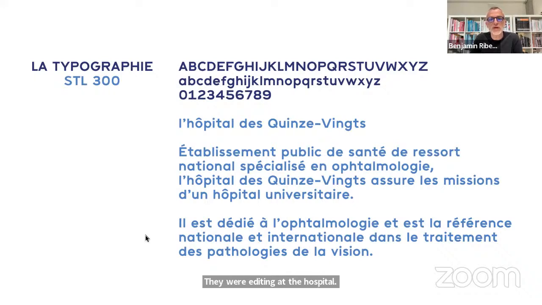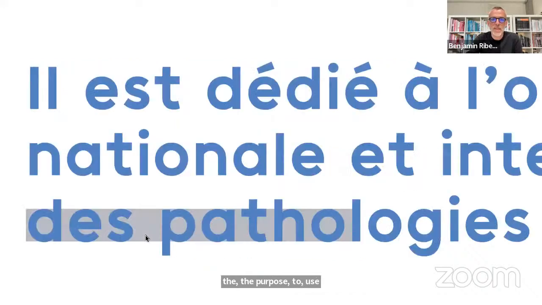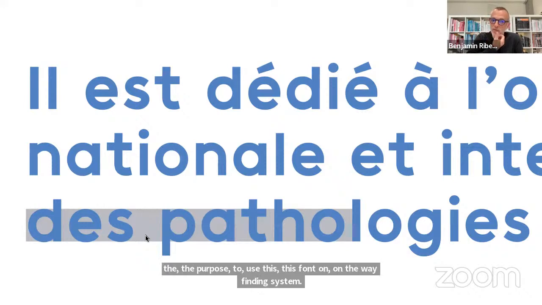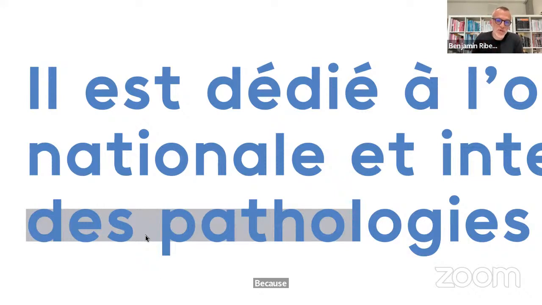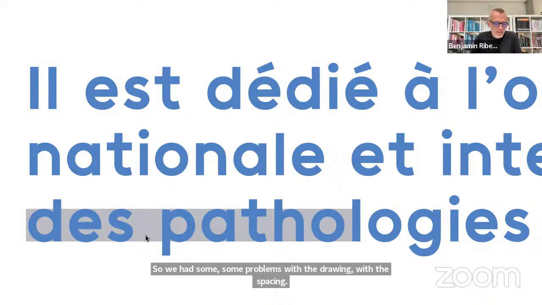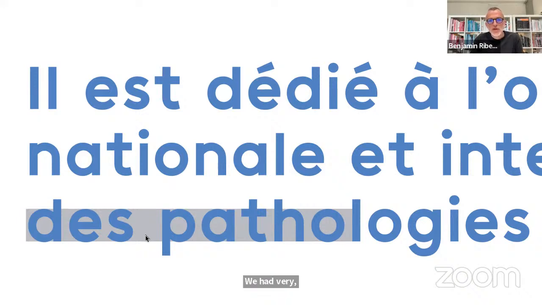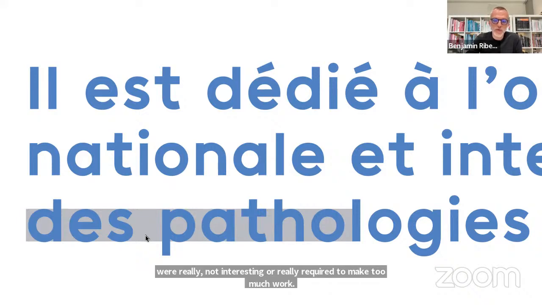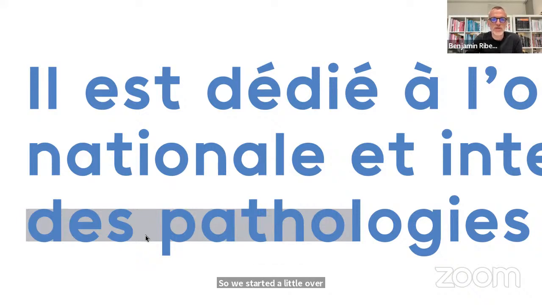But it wasn't really the purpose to use this font on the wayfinding system, because we really quickly saw that it wasn't made for it. So we had some problems with the drawing, with the spacing. We had maybe very monotonous shapes, which were really not interesting or required too much work. So we started over without considering this type.